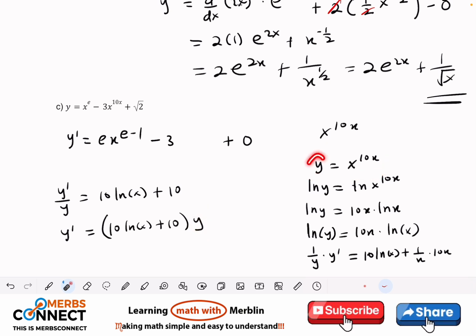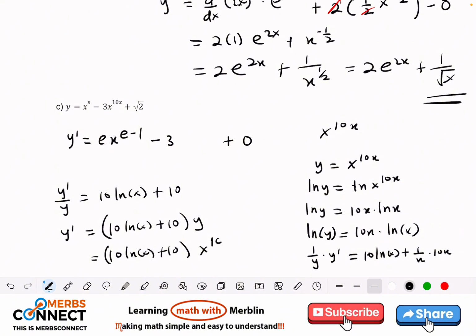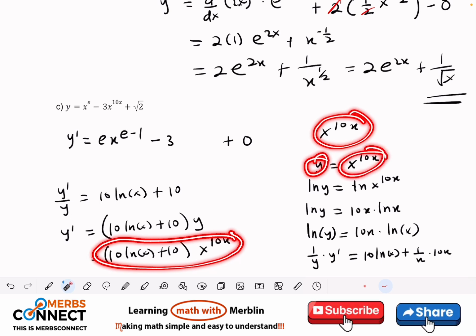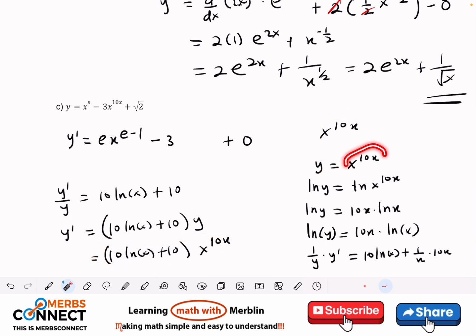So we said let y be equal to this. So now we know y to be x to the power 10x, so this will be 10 ln x plus 10 all times x to the power 10x. So this will be the derivative of this function, which is equal to y. So when I differentiate x to the power 10x, this is what I'm going to get.